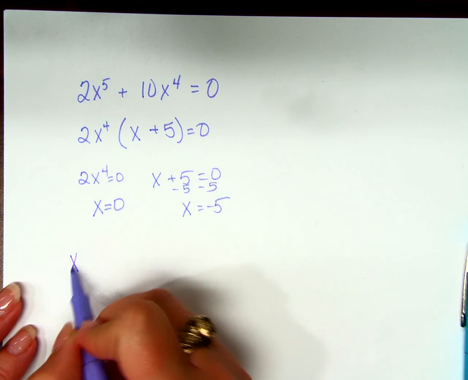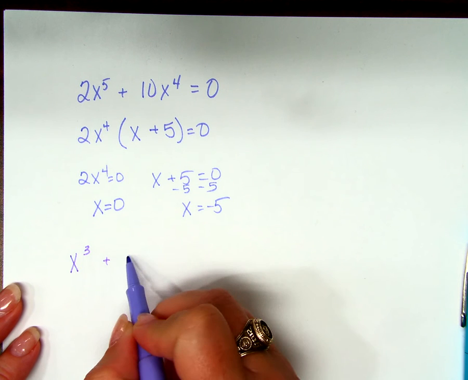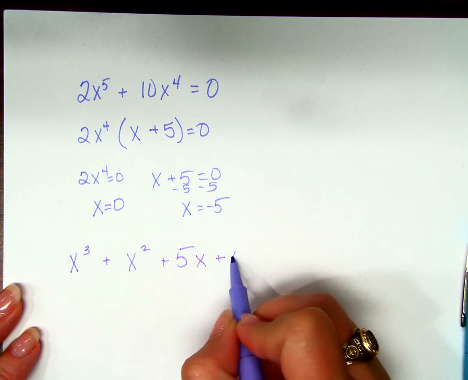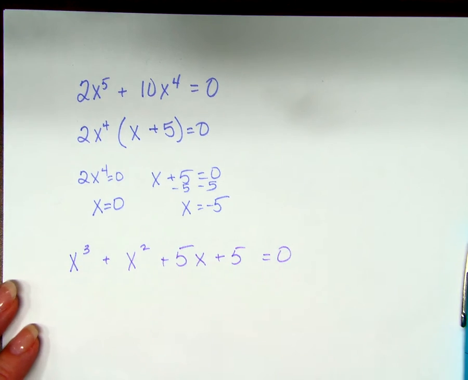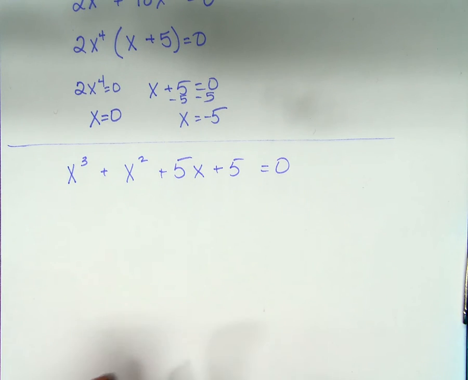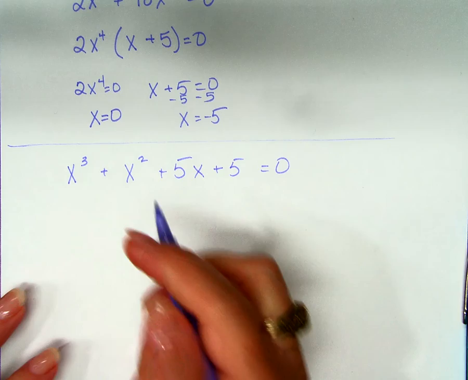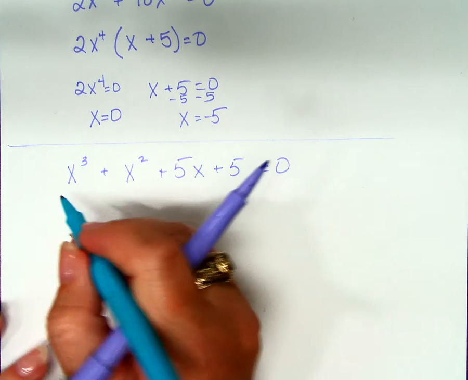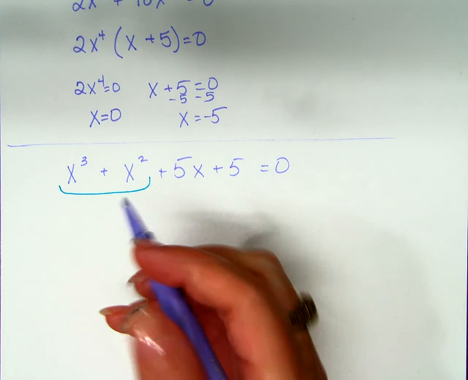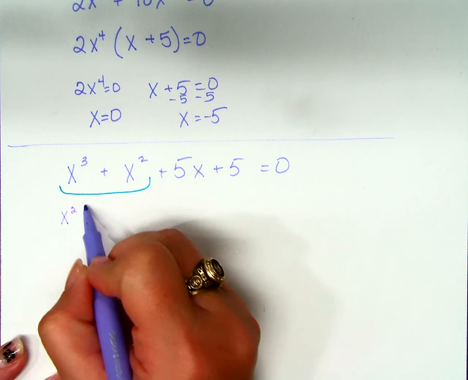X to the 3rd plus x squared plus 5x plus 5 equals 0. If I'm solving by grouping, that means I'm grouping things together. So in this case, I'm grouping these first 2 terms together. What's the greatest common factor between those 2 terms? X squared.